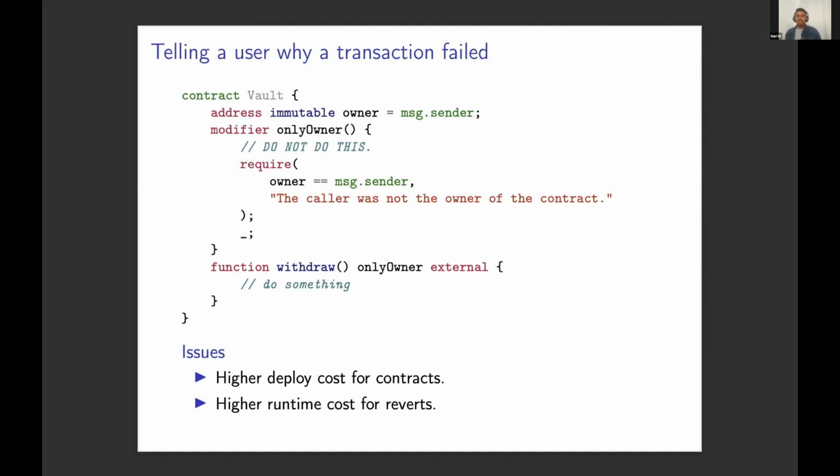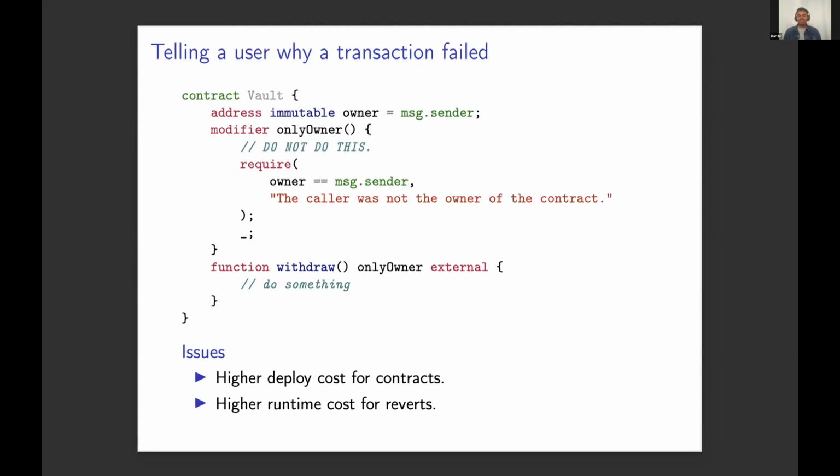Then you have a modifier onlyOwner, which would check if the message.sender is the same as the owner, which was saved during the constructor. And if it's not the same, the transaction would revert. For example, if you look at the withdraw function, it can only be called if the modifier onlyOwner is true.